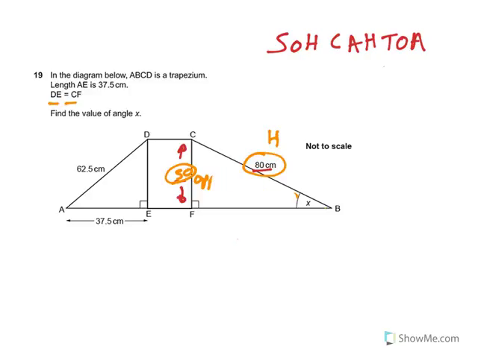And if you have the opposite and hypotenuse, according to the rule of SOHCAHTOA, we need opposite over hypotenuse, so it's this one here, and the S stands for sine. So we have sine of the angle, in this case we don't know it, x equals, opposite over hypotenuse, so we have 50 over 80.